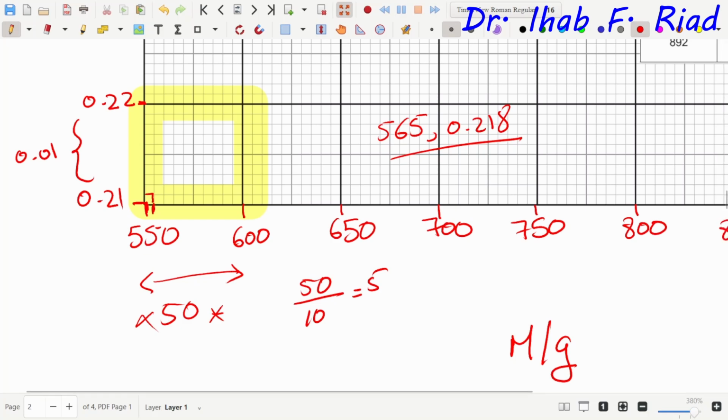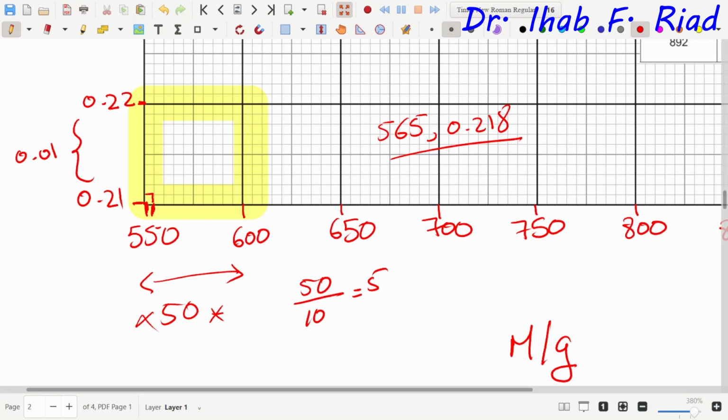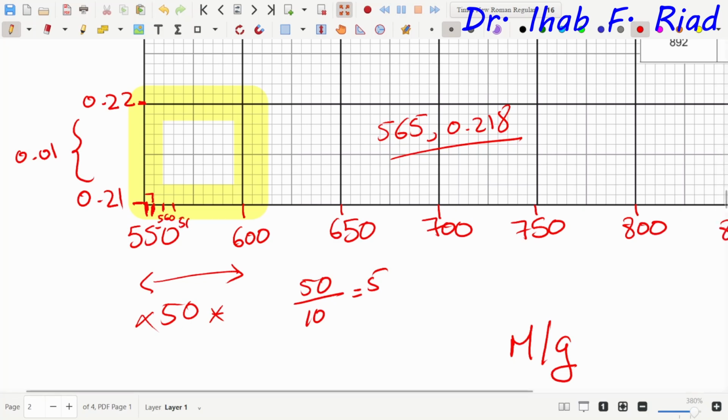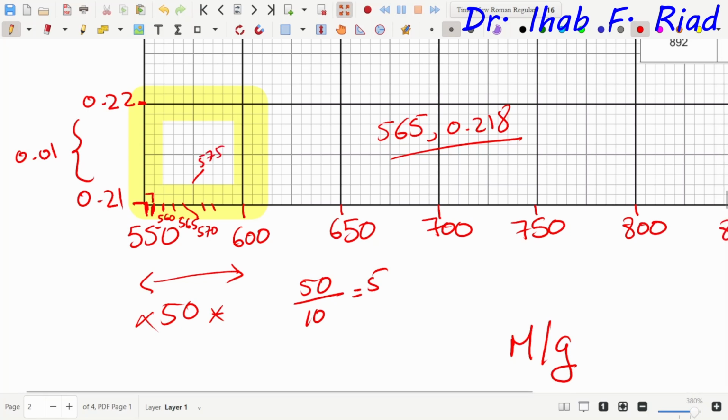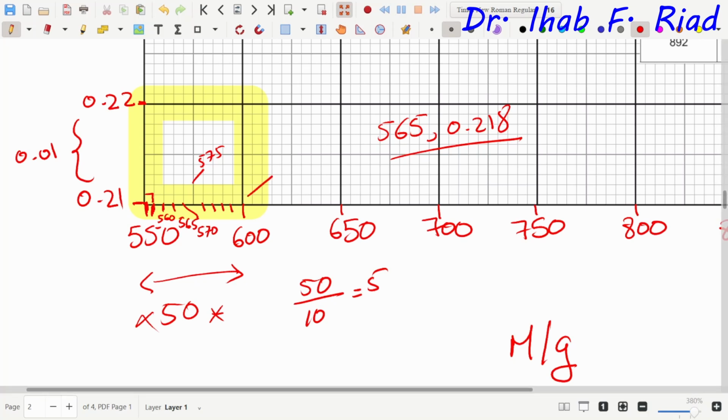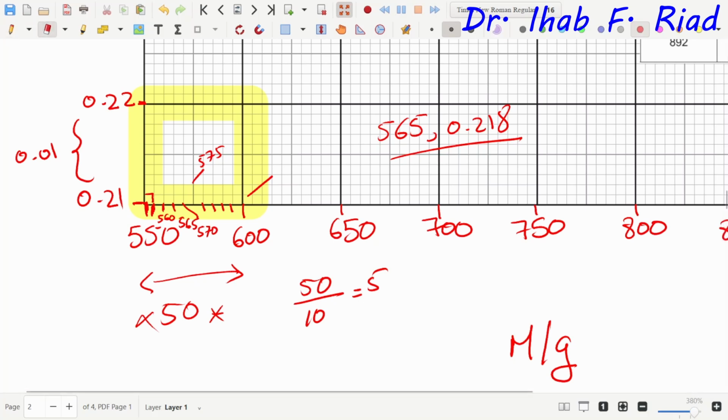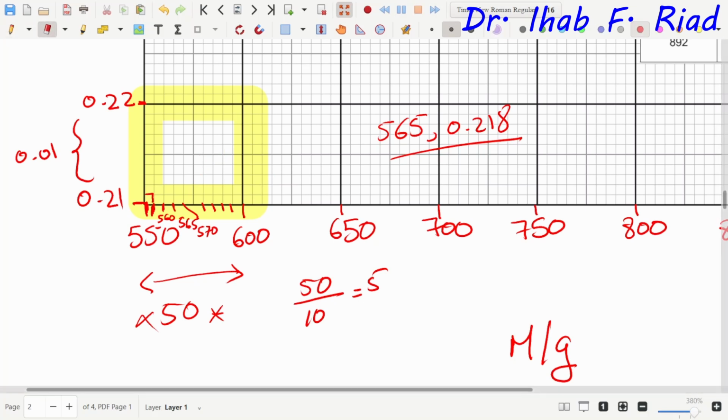The first one is 555, 560, 565, 570, 575, 580, 585, 590, 595, 600. This is how we do the counting. Okay, so let us do the counting.